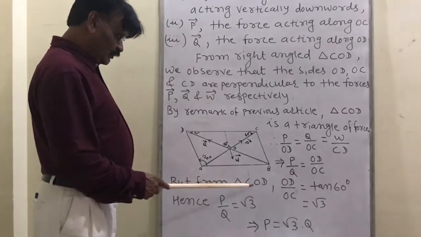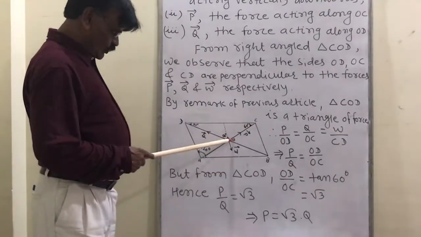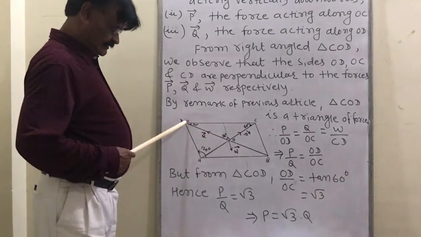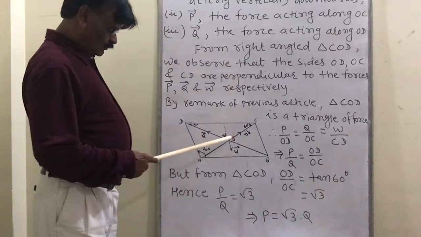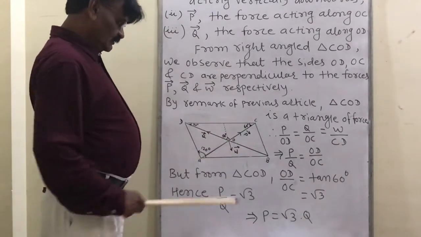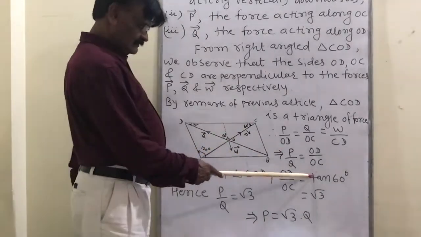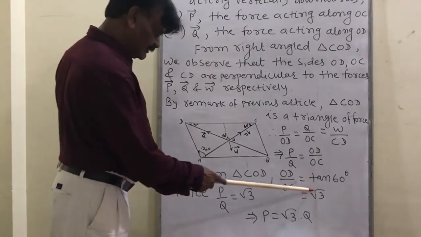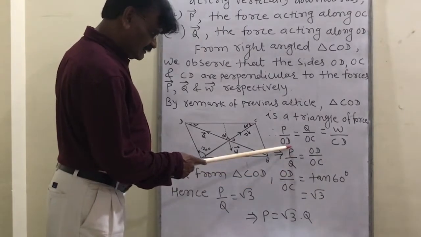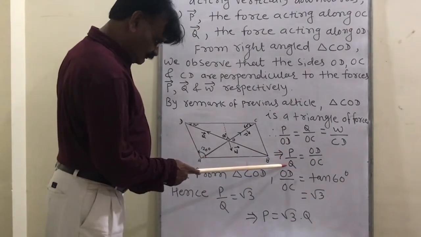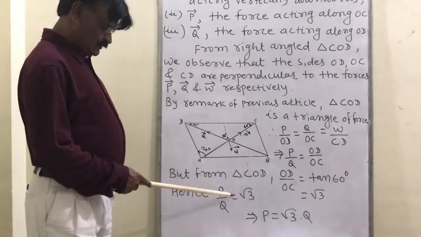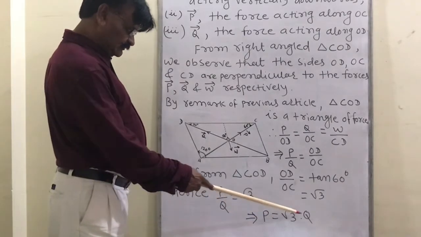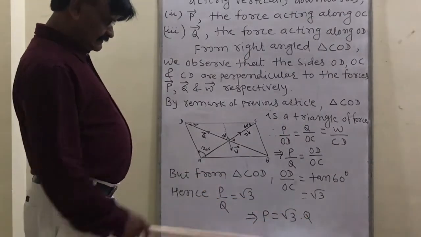But from triangle COD, OD upon OC is equal to tan 60 degrees, and we know that tan 60 degrees is under root 3, and OD means P and OC means Q, hence P upon Q is equal to under root 3. This implies P is equal to under root 3 into Q. This is what we wanted to prove.